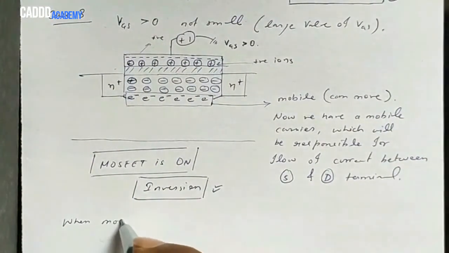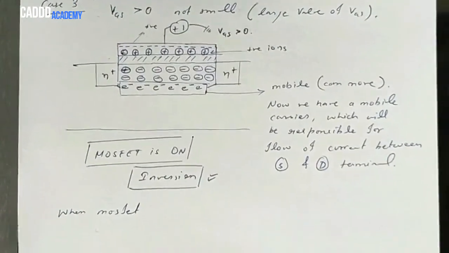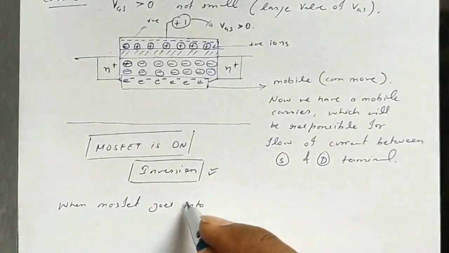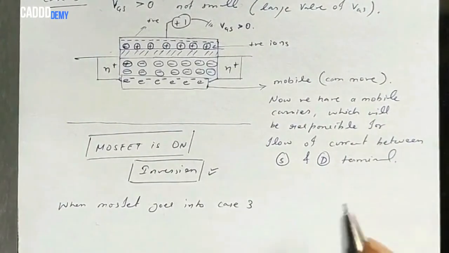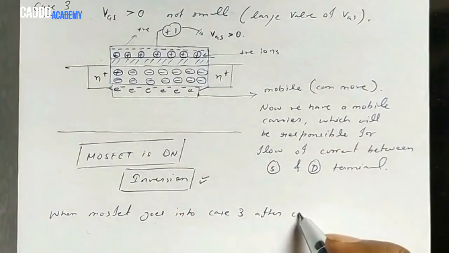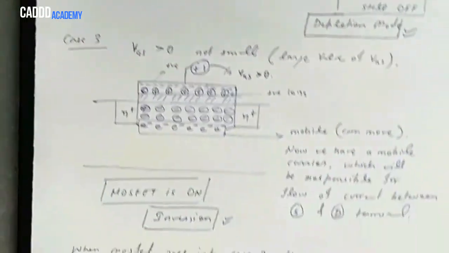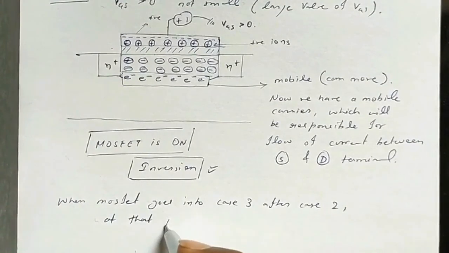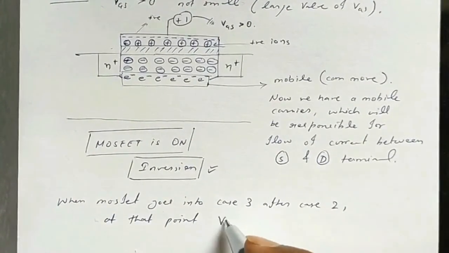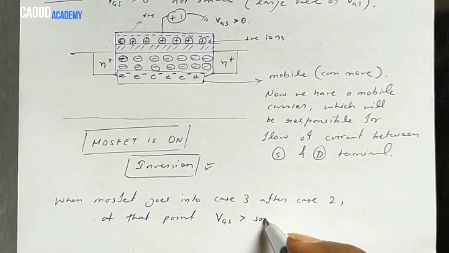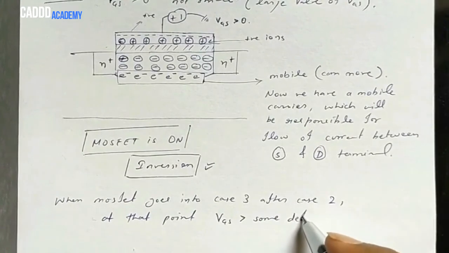One more thing I want to tell you here. When the MOSFET goes into case 3, after case 2, at that point VGS is greater than some definite voltage value, and that voltage value is the threshold voltage.